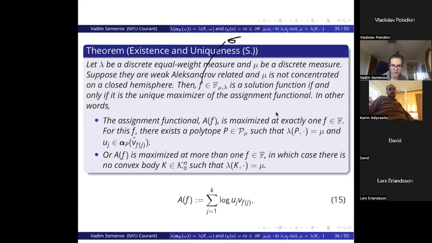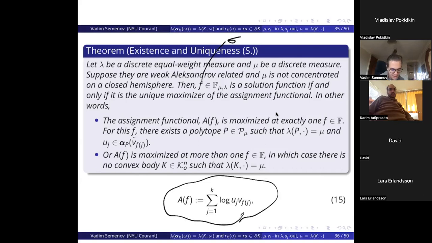So in other words, we know that the Simon function is maximized. If it's a unique maximizer, then we have a solution. But if we have two maximizers of the Simon functional, then the solution does not exist. And this is completely weird when you think about it in terms of this functional.